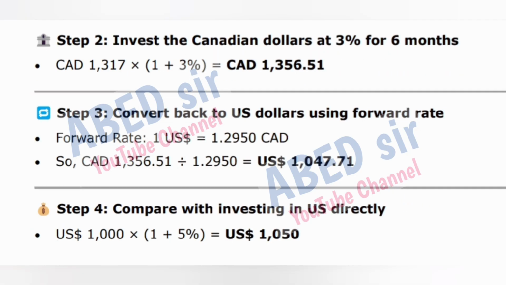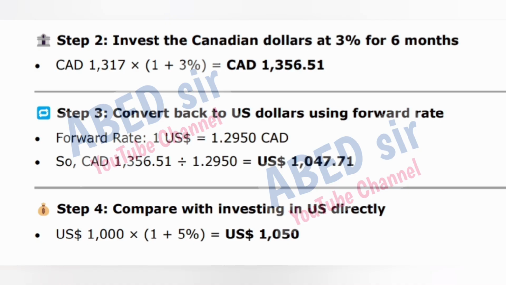Step 2. Invest the Canadian dollars at 3% for 6 months. 1,317 Canadian dollars times 1 plus 3% is equal to 1,356 Canadian dollars and 51 cents.